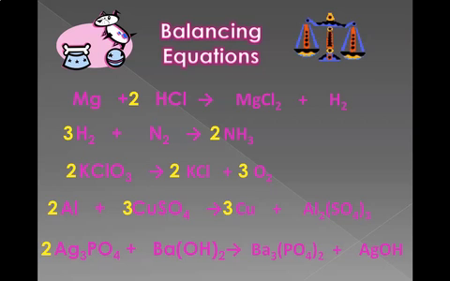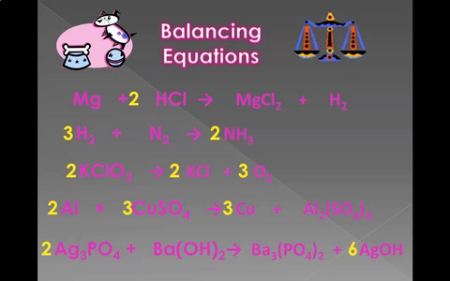If I look at the PO4s, I have 1 PO4, and I'm just going to treat it all as one thing because it doesn't break apart here. So I have 1 PO4 here, and I have 2 on the right. So I'm going to put a 2 in front, okay? And that's going to change my silvers a little bit because I now have 2 sets of 3 silvers, so 6 over here and 1 on the other side. Okay, so the next thing I want to do is put a 6 to fix my silvers.